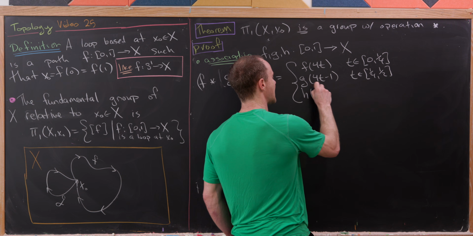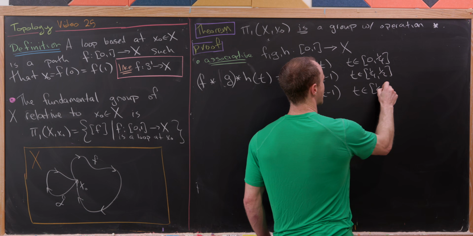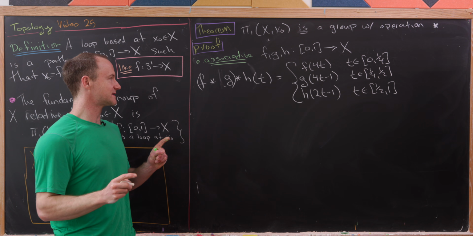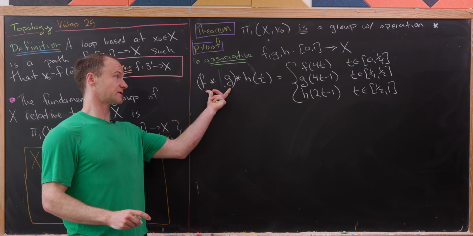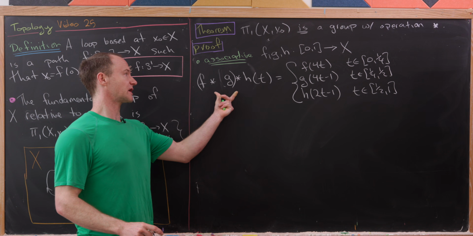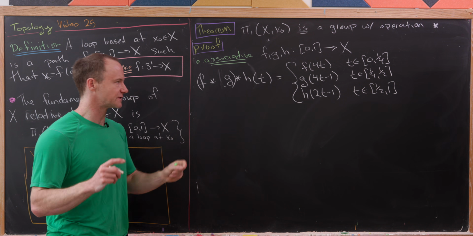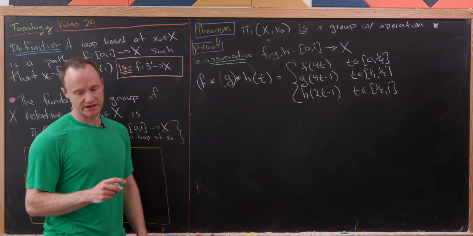And then it's going to be h of 2t minus 1 when t is on the interval from half to 1. Now notice that this makes sense because we starred these two together first, which means we halved their intervals already. And then starring it with h, we'll halve their intervals one more time, which is why the intervals for g and f are half the interval for h.